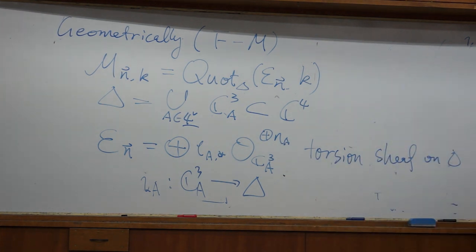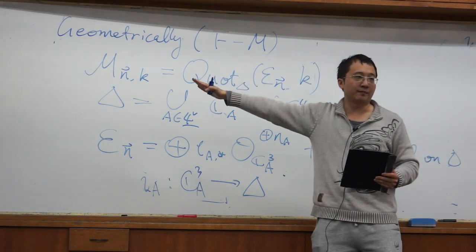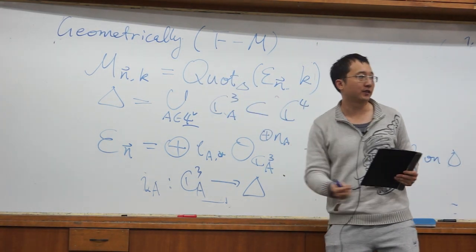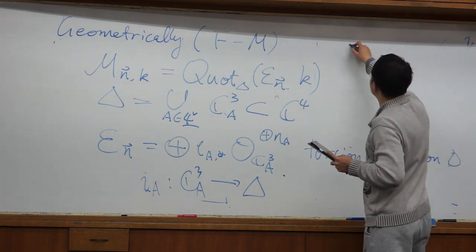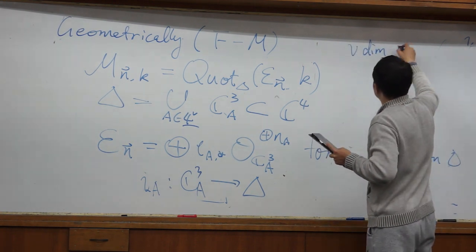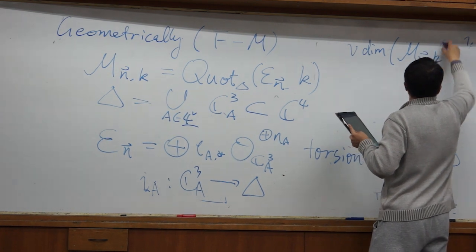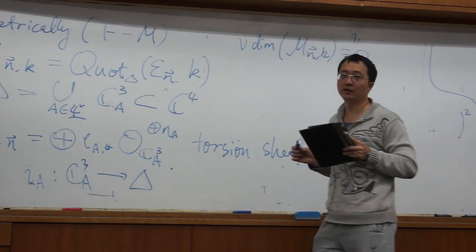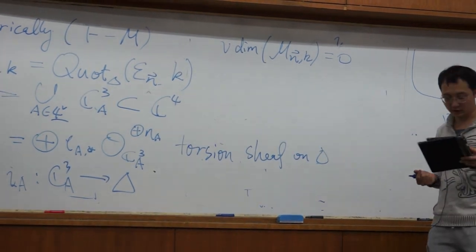So these mathematicians claim that this Quot scheme describes the same moduli space that we obtained from the brane setup, and it has a very interesting property that the virtual dimension of this moduli space is 0. However, the structure itself is still complicated.